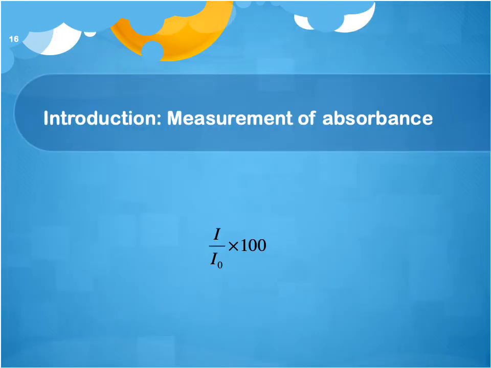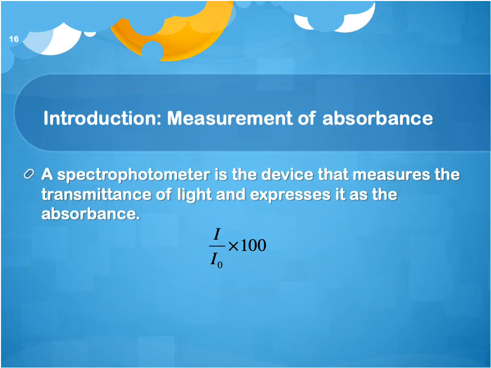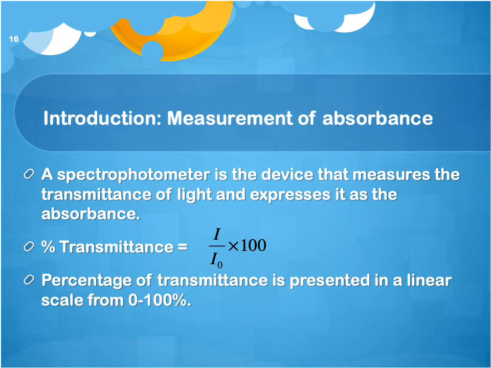Next, we will talk about the spectrophotometer, which is the device used to quantify the amount of light transmitted through a solution. The measurement is analyzed in terms of percentage of transmittance from the equation I over I0 times 100. Therefore, it is a linear scale from 0 to 100%.